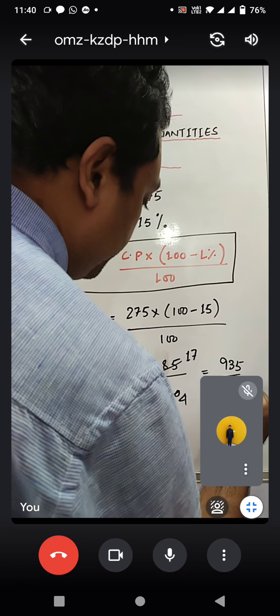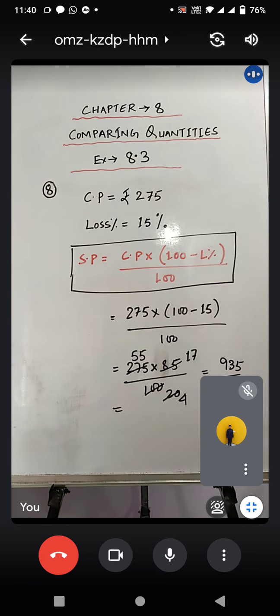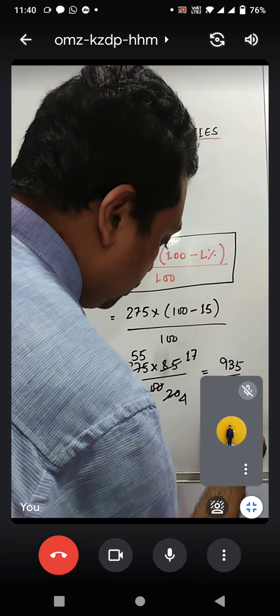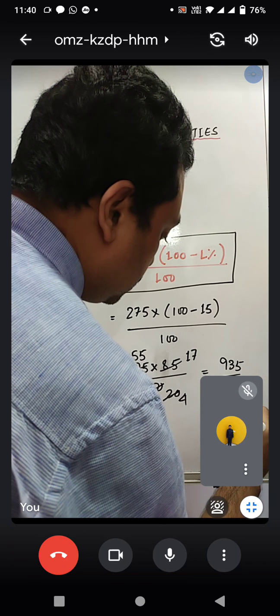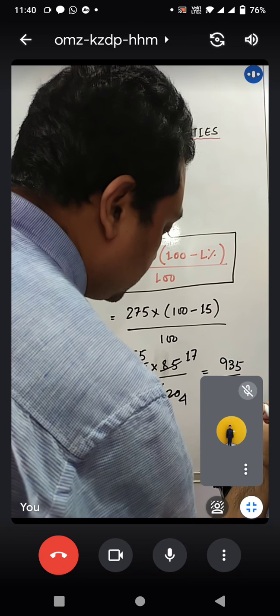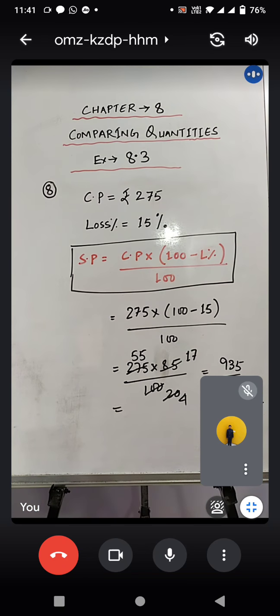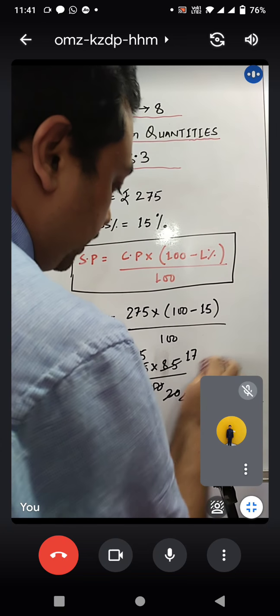935 by 4. And if I divide this 935 by 4, my answer would be rupees 233.75. Let me write it here, that will be much better.